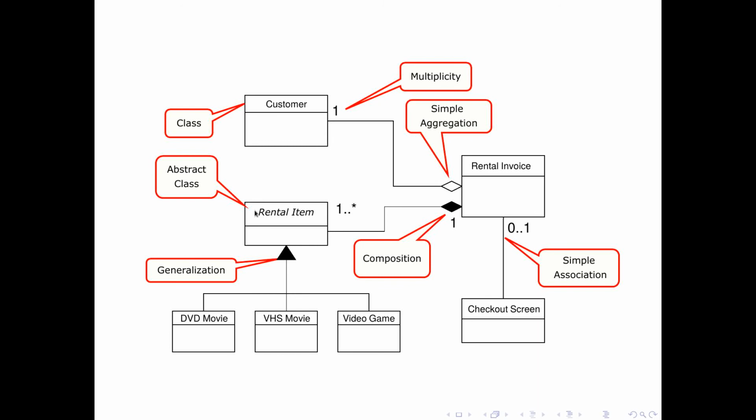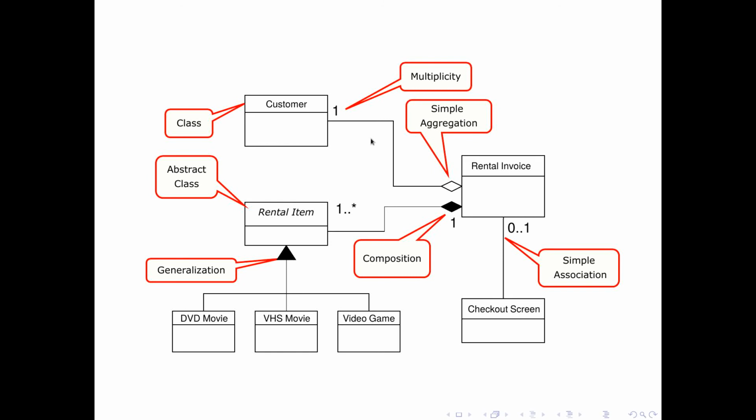The rental item here can be some movies, like a DVD movie or VHS tape movie, or a video game, and the customer can rent some of these, and a rental invoice is going to be created, and the checkout screen is going to be assigned to the customer. So here the customer will have a rental invoice. Each rental invoice will be assigned to one customer.